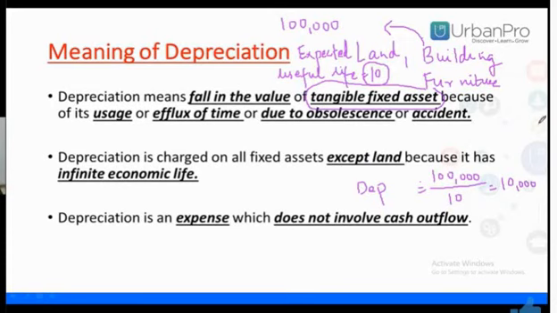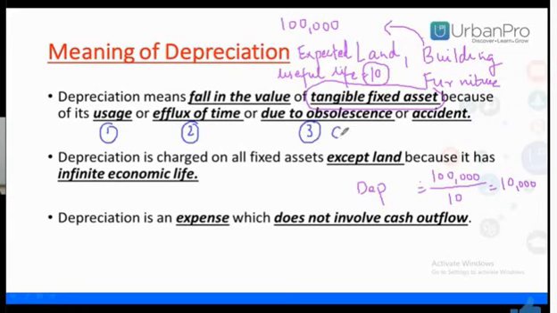So this depreciation is charged due to various reasons. First reason is usage. If you use any asset, then depreciation will be charged. Then second reason is efflux of time. It means if you are using any asset, every day its value is going down. Third is obsolescence.